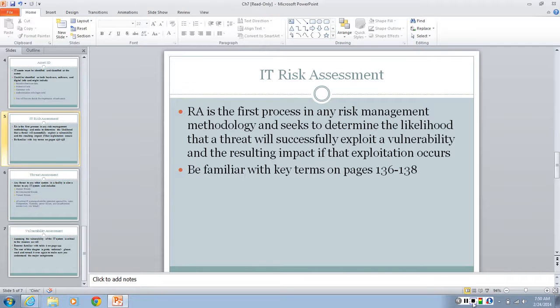Hang on just a moment. Okay, so I was talking about these terms. Make sure you understand qualitative assessment and quantitative assessment, threat, vulnerability, and risk. And also on page 138, it talks about asset value, exposure factor, annualized rate of occurrence, and single loss expectancy.